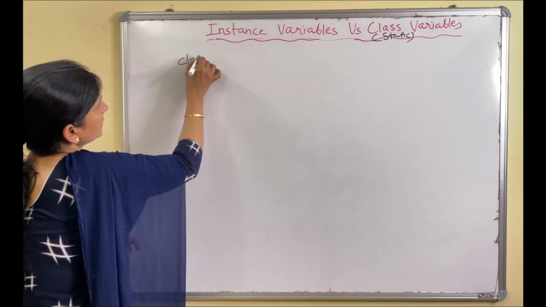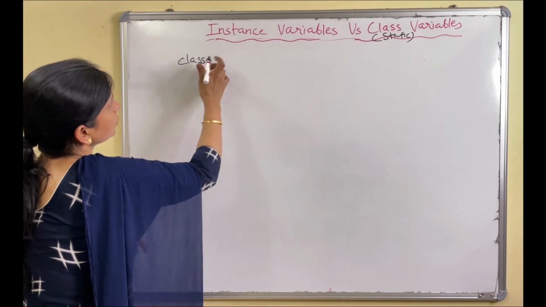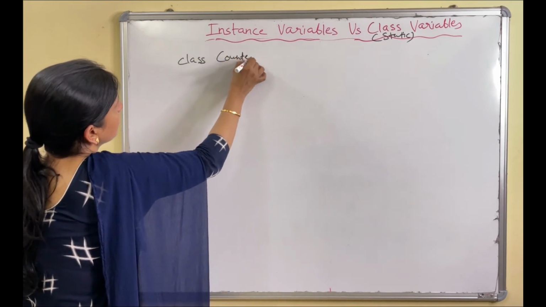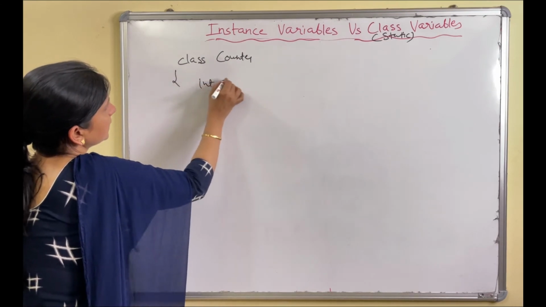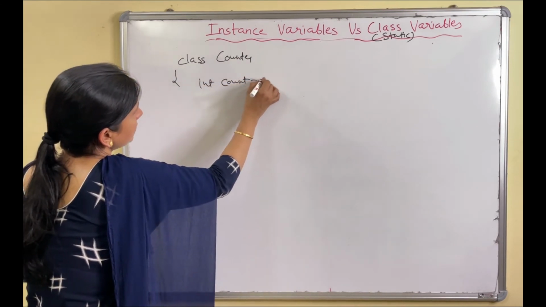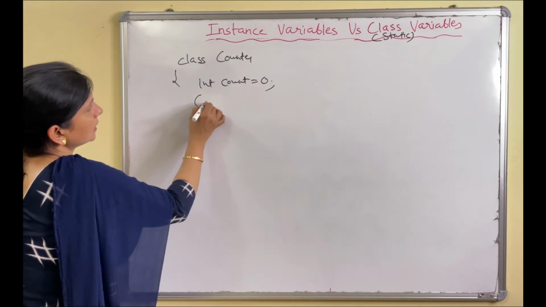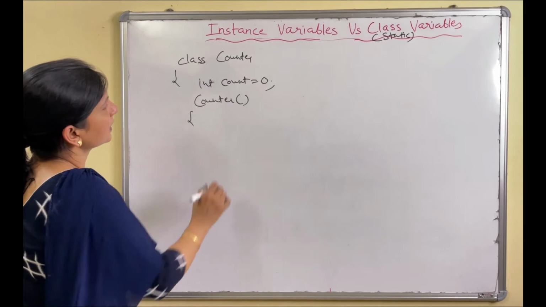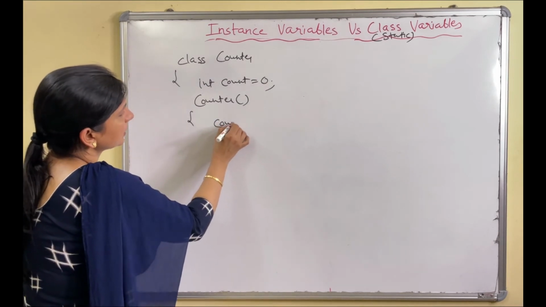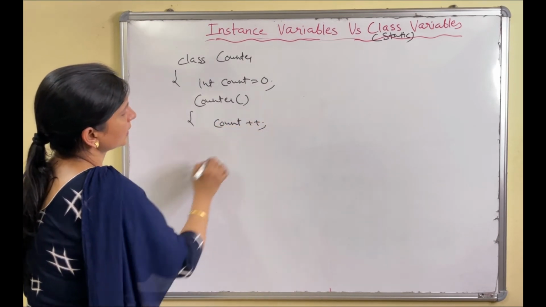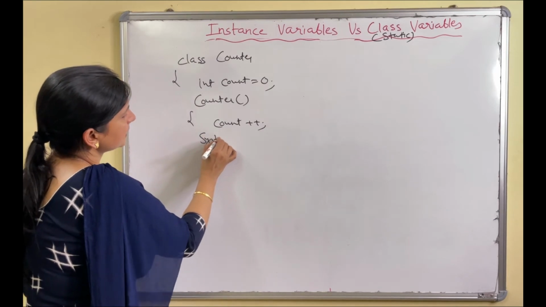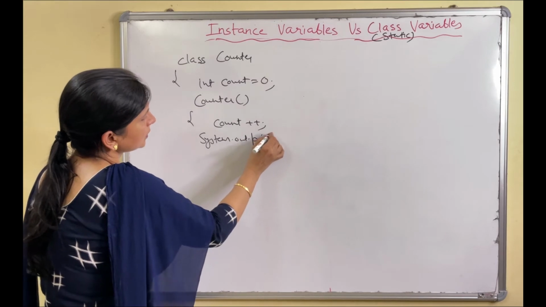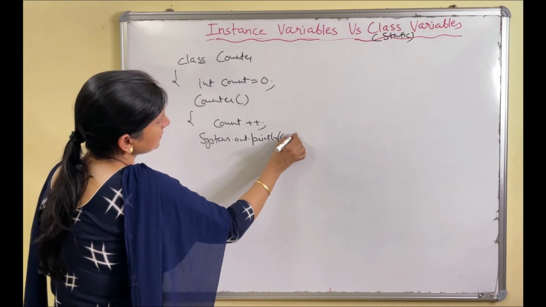So I am making one program, in fact two programs. Class Counter. Here I am taking a variable count which I will initialize with 0. Then I will take a constructor Counter, and in that I will increment it by 1, and then I will display count, System.out.println(count), right?